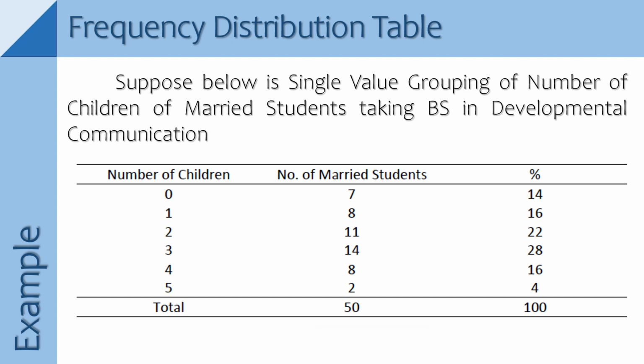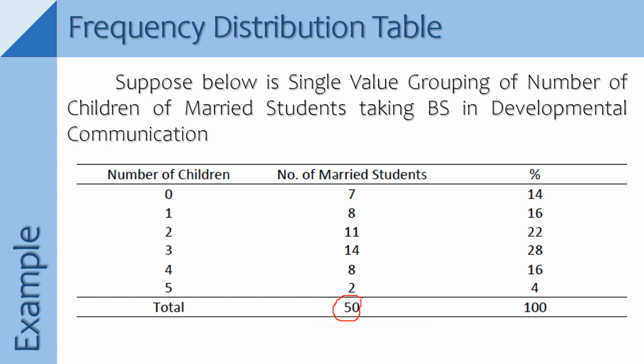If we add the number of married students, we will have the total number of students, which is 50.